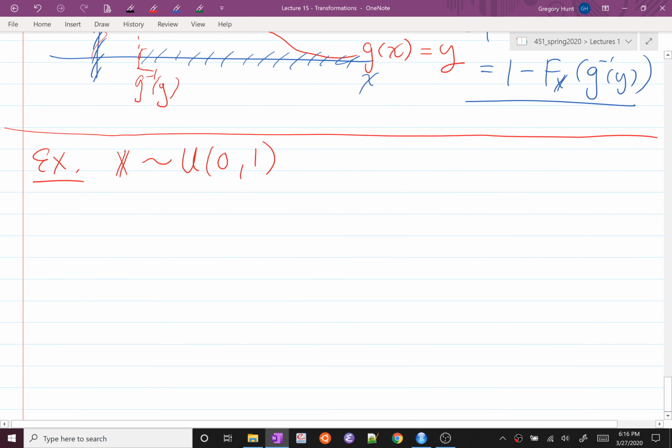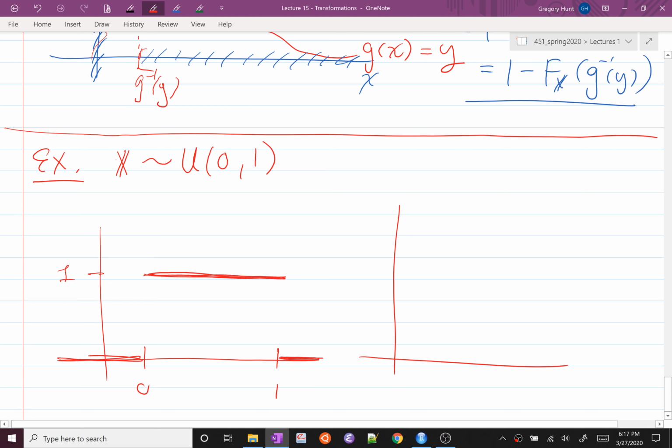So if I look at my PDF, from 0 to 1, it looks like 1 inside 0 to 1, and 0 outside. And the corresponding CDF starts off at 0, increases up to 1, and then flattens off at 1. So this is my CDF, and this is my PDF.